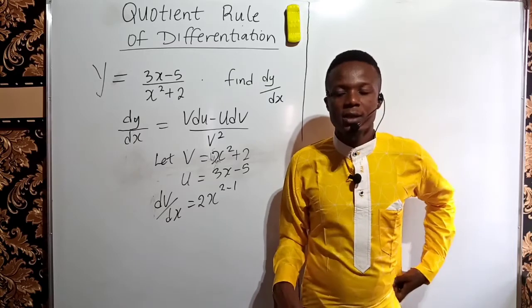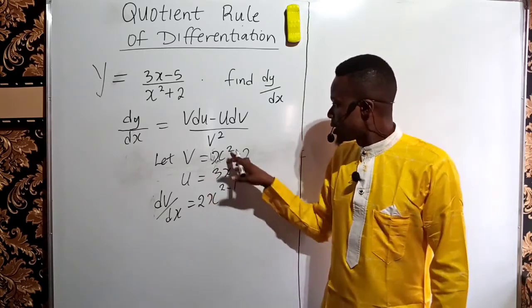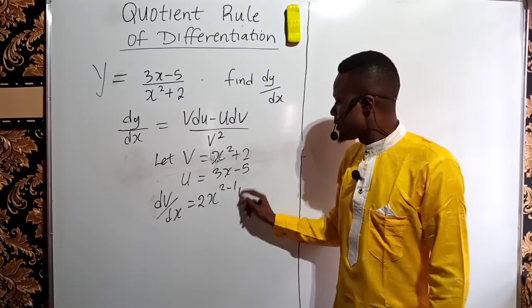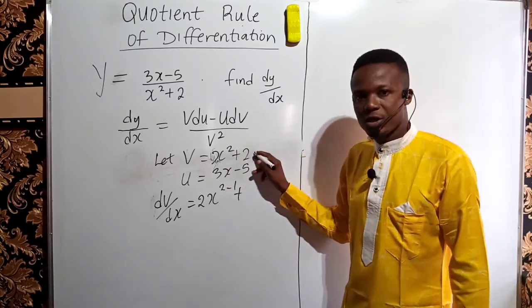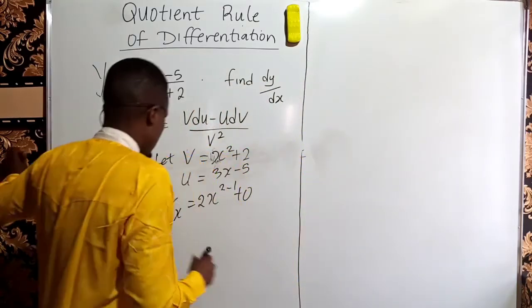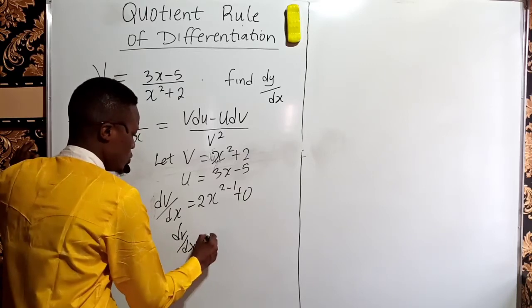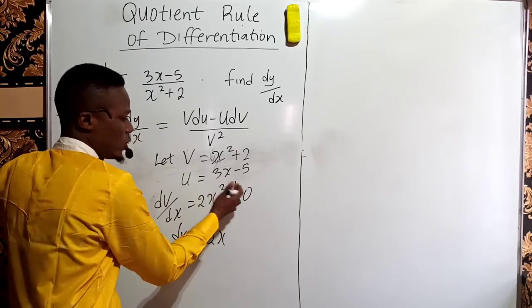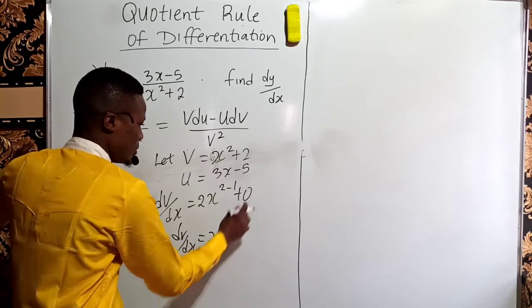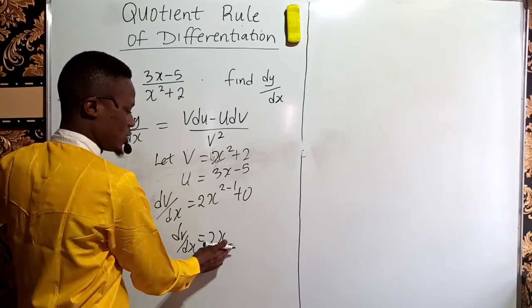The derivative of any constant is 0. Therefore, our dv/dx will be equivalent to 2x to the power of 2 minus 1, which is 1, plus 0. So I've got my dv/dx as 2x.